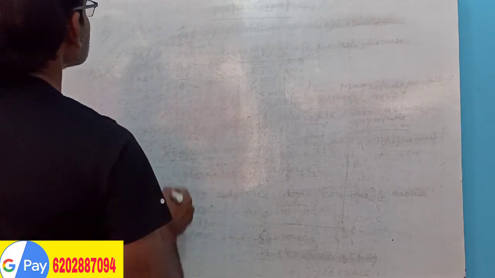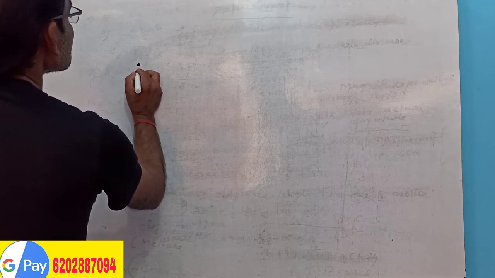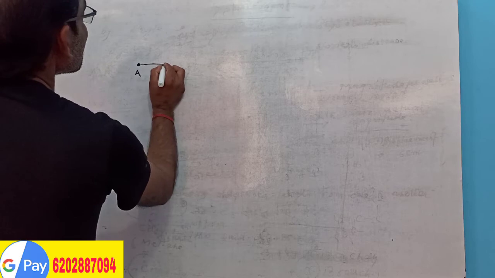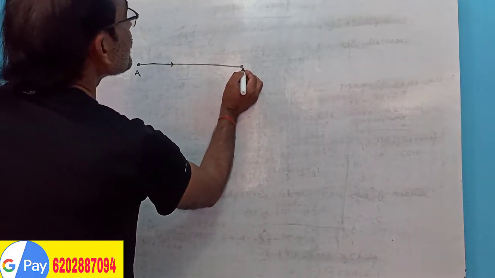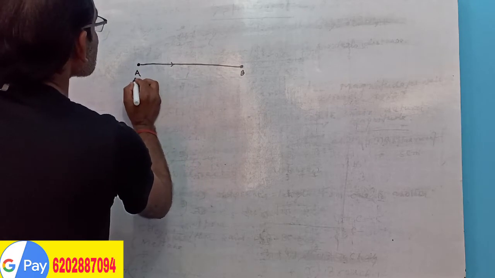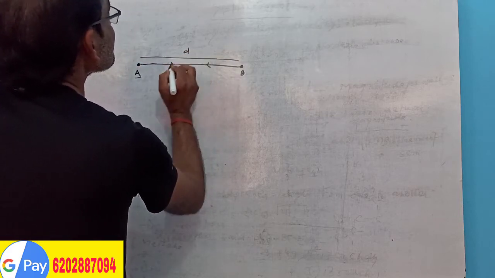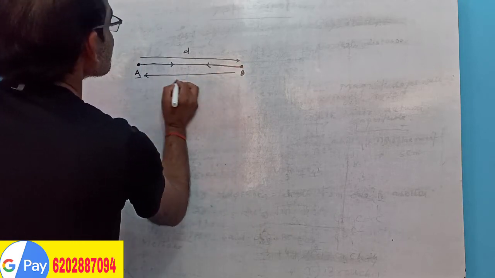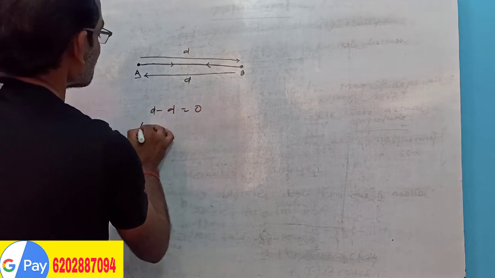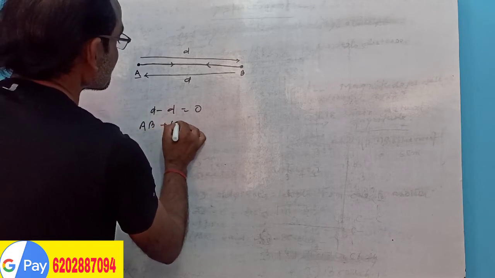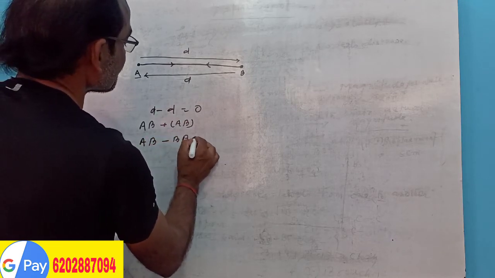Something about displacement: if a body moving starts from point A and goes to point B, and then moves back to reach its initial point, then this distance D and this distance D become D minus D, that is 0, AB minus BA, that is 0.